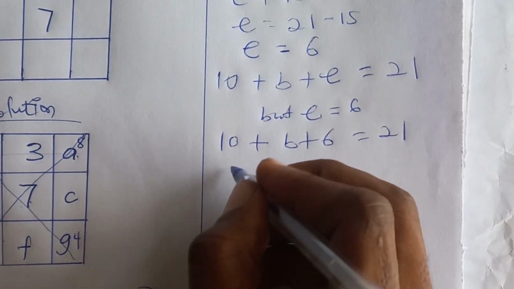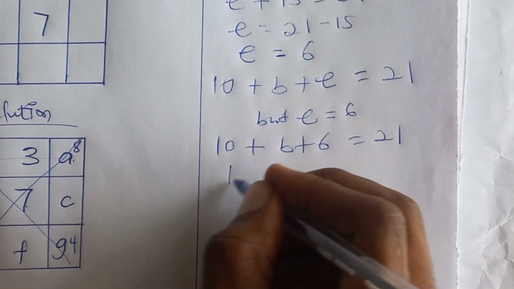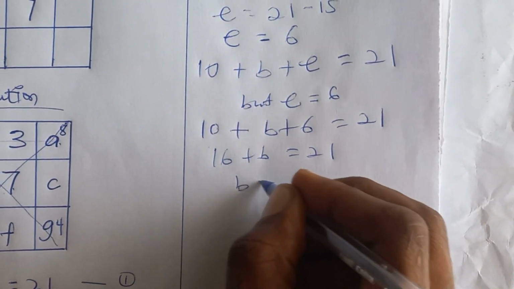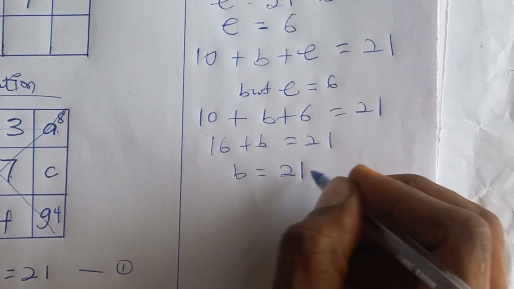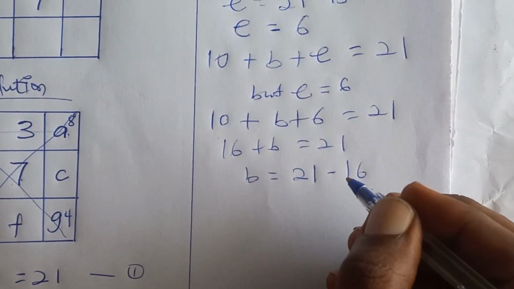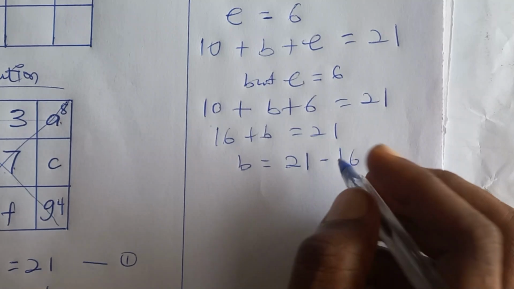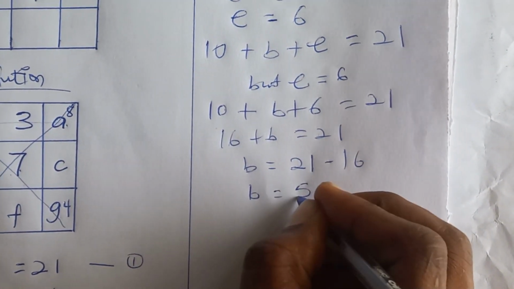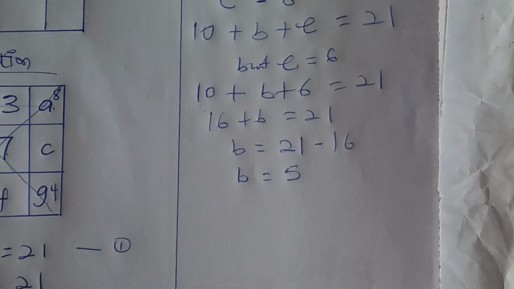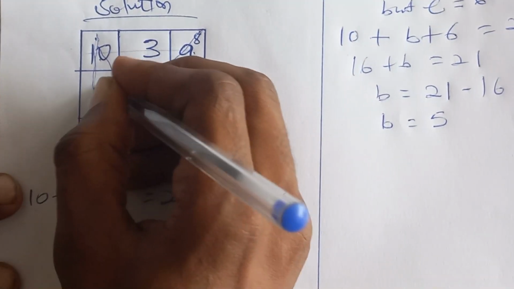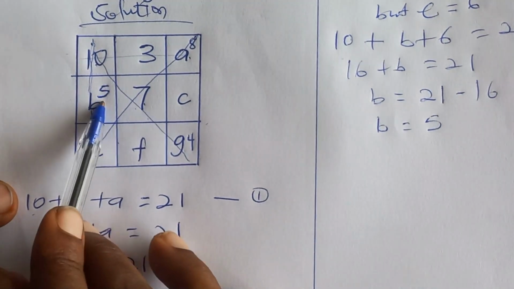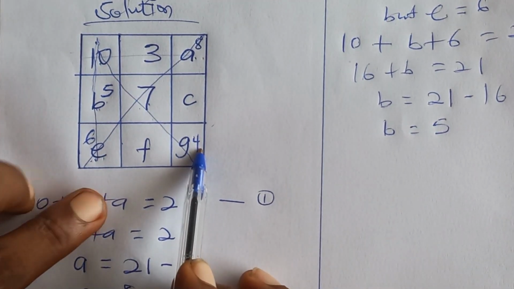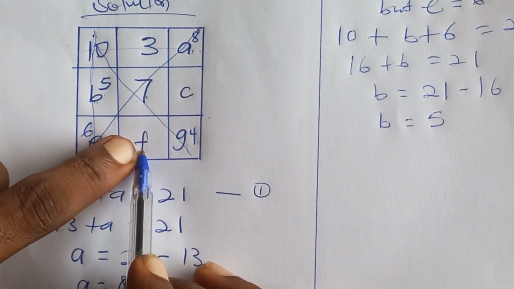Then it will be 10 plus 6, which is 16, plus B is equal to 21. So B is equal to 21 minus 16. So we had B to be 5. So let's put B to be 5 there. So it's left with F and C.